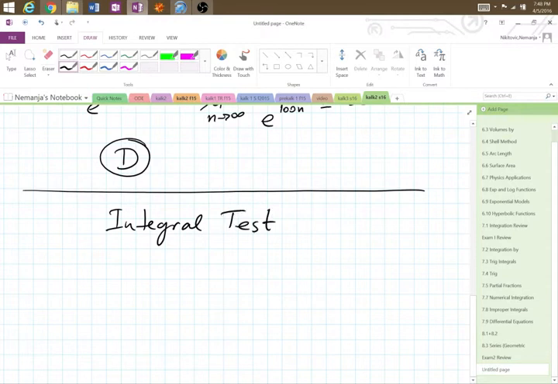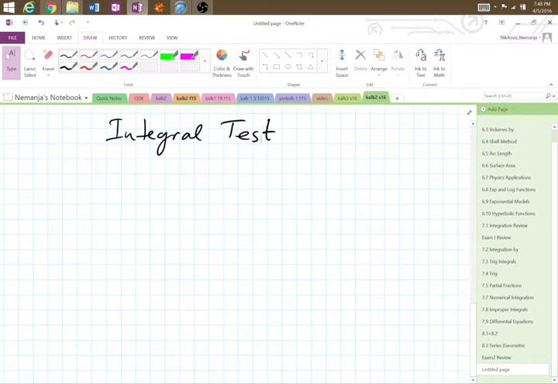So calculus 2 is at the end the course in integration, right? So now, in some cases, we see that our series would have a sequence inside that would resemble a function, if we replace n's with x's, that we could integrate.